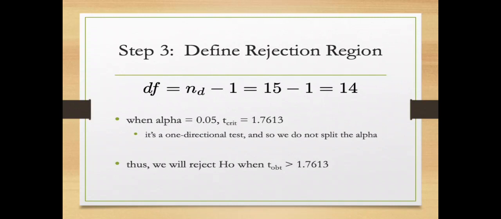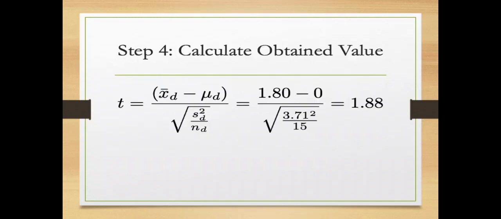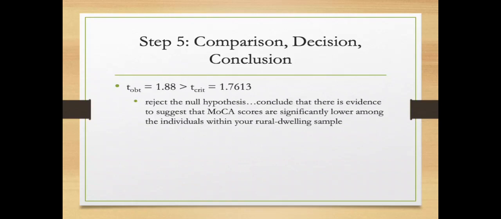We will reject the null hypothesis when we have a t obtained that is greater than 1.7613. And when we calculate our obtained value of t, we find that it's 1.88. That obtained value of t is greater than our t critical, and so we reject the null hypothesis.